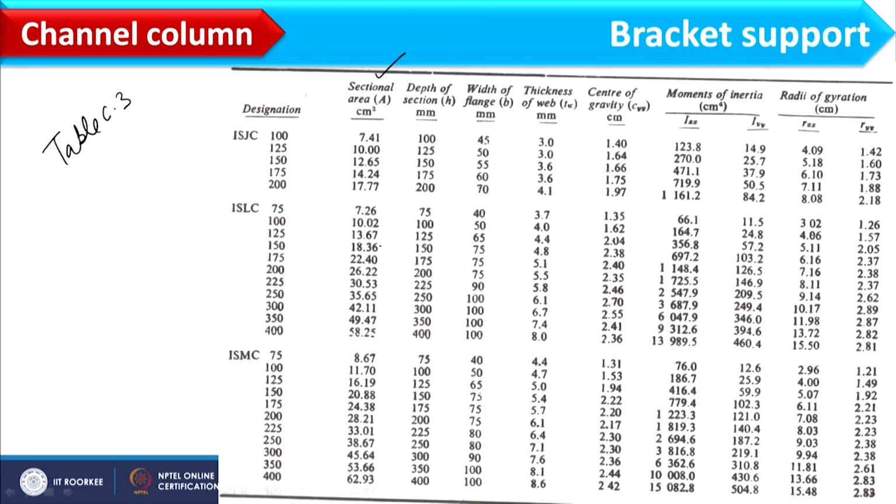You can see I have this here, and here also I can have this. So you can refer to ISLC 175 or 200, or ISMC 175, 200 like that. In that way you can choose the right column for bracket or lug support.